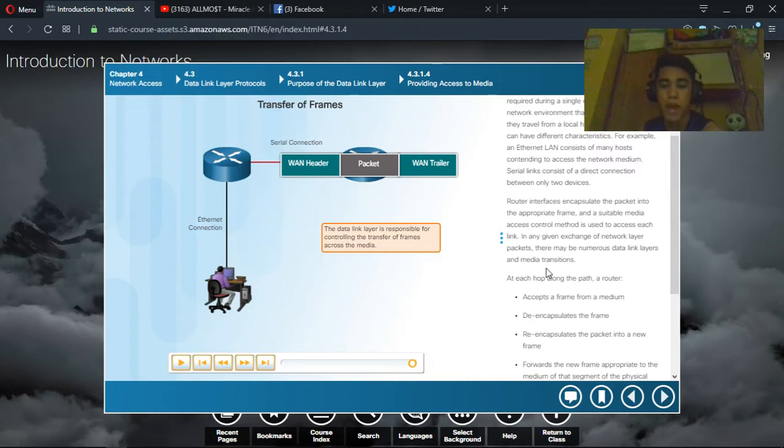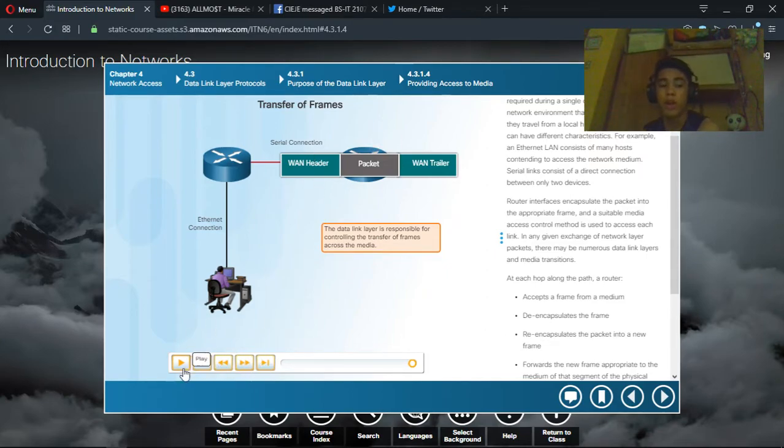A router along the path or router interface encapsulates the packet into the appropriate frame, and a suitable media access control method is used to access each link in any given exchange of a network layer. So it depends on the type of media whether the encapsulated message changes its header or trailer.